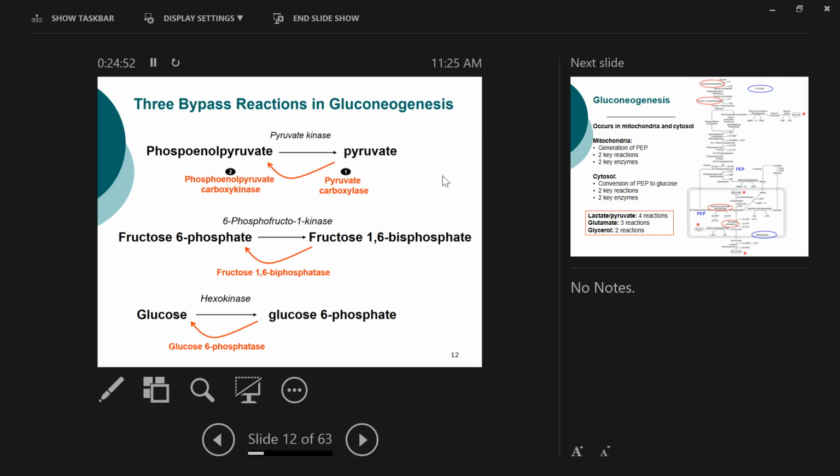So these two enzymes are part of the key enzymes in gluconeogenesis that you need to remember, right?